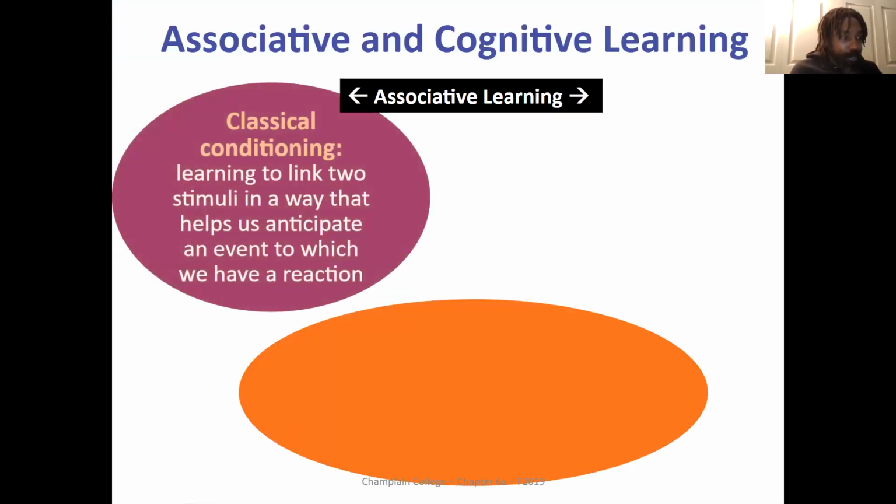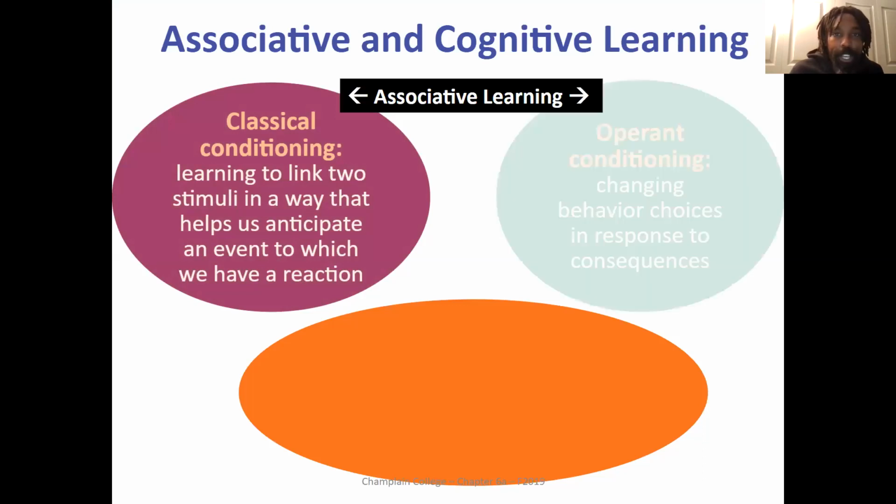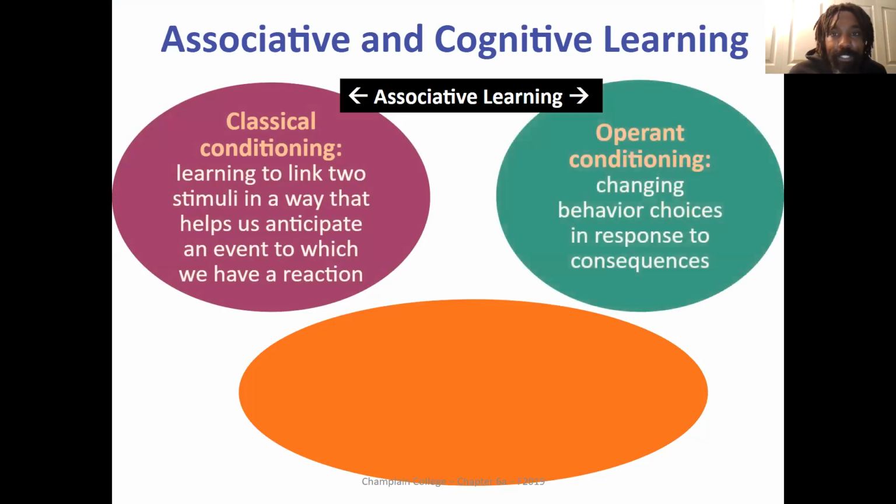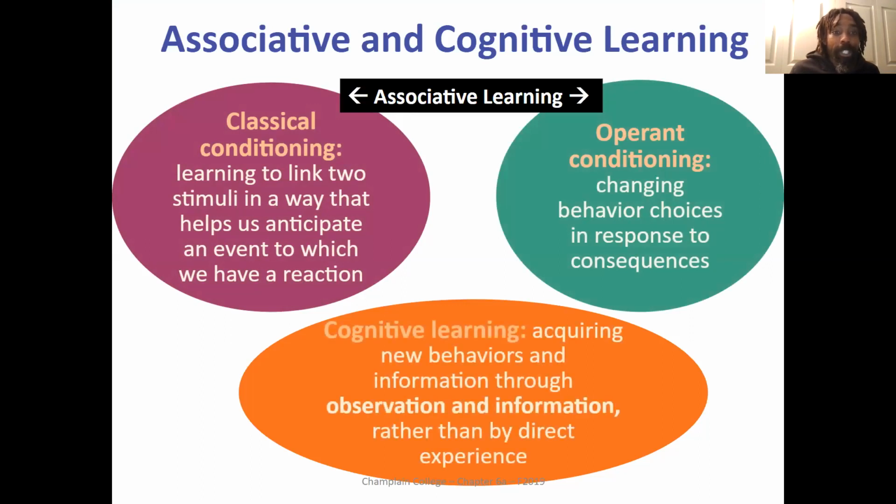Okay. So associative and cognitive learning. Classical conditioning: learning to link two stimuli in a way that helps us anticipate an event to which we have a reaction. Operant conditioning: changing behavior choices in response to consequences.